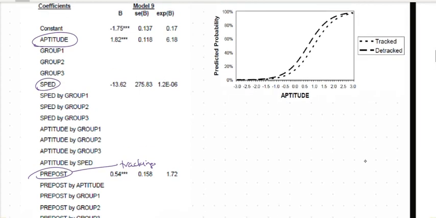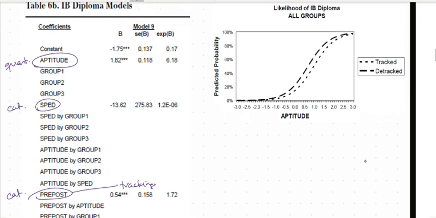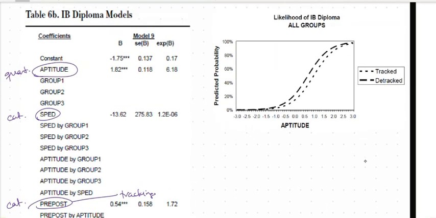Aptitude here is considered to be quantitative. SPED is categorical, and pre-post is categorical. And just like we saw with linear regression, if you have a categorical variable in a regression model, you have to make indicators. So an indicator was created here, and an indicator was created here too.